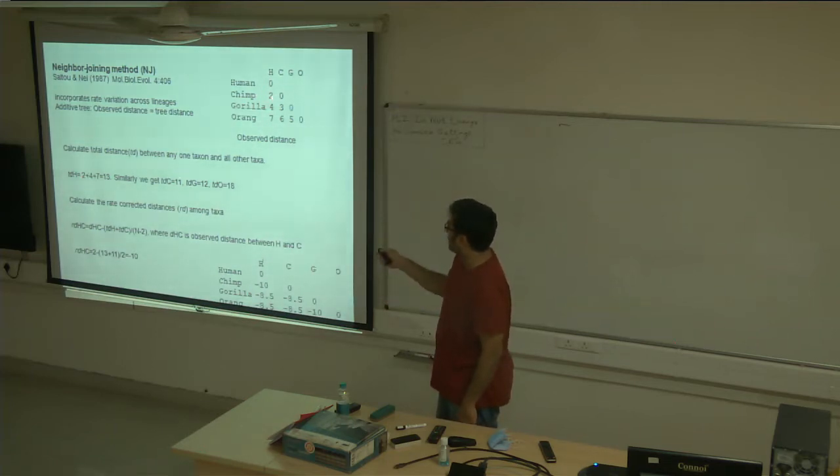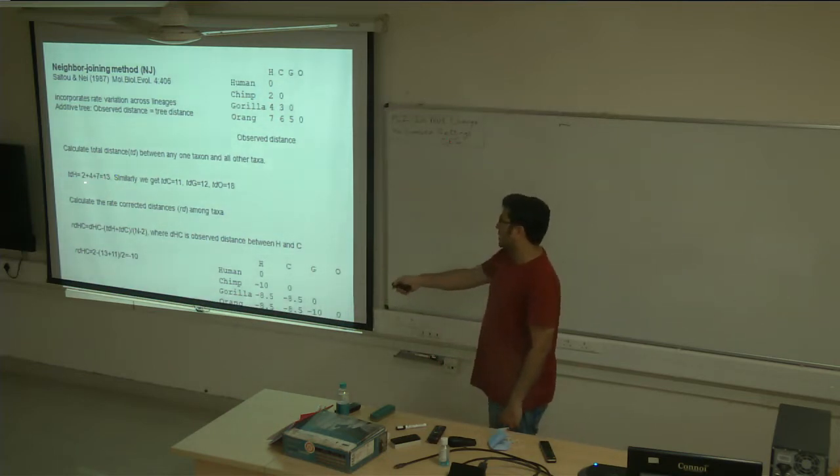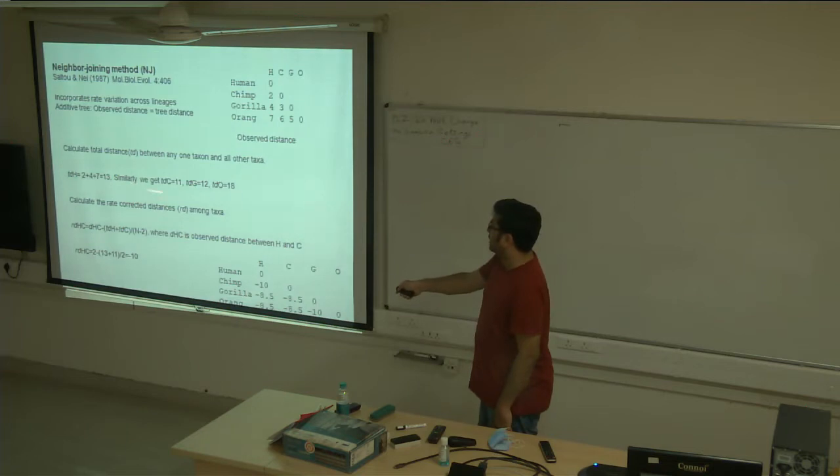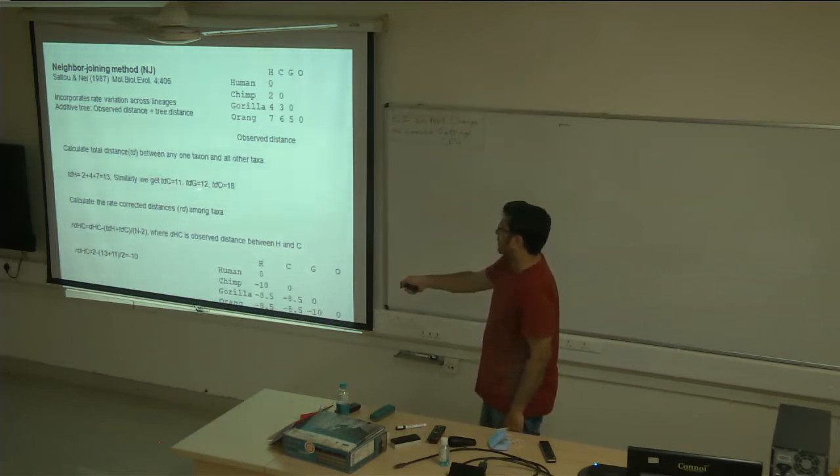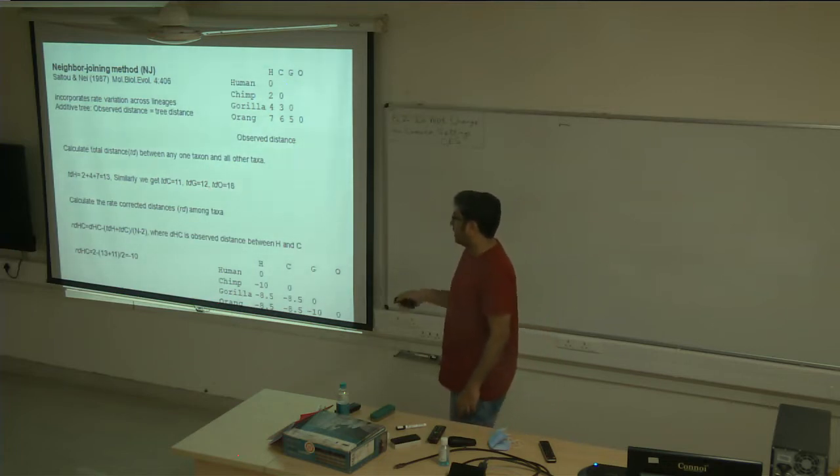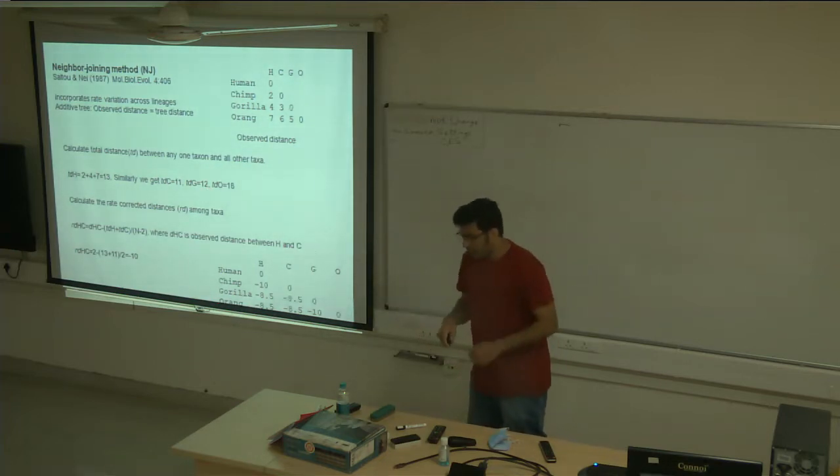So you add this up: 2 plus 4 plus 7, equal to 13. So the total distance for humans is 13. Similarly, if you add up all the differences of chimp with the rest of the taxa, it gives you a total distance of chimpanzee as 11, for gorilla as 12, and for orangutan as 18.